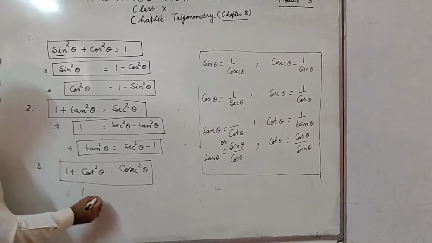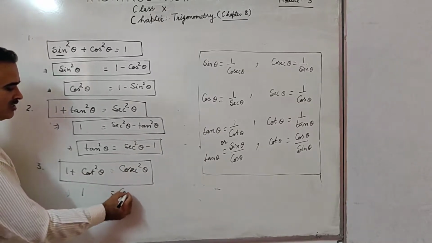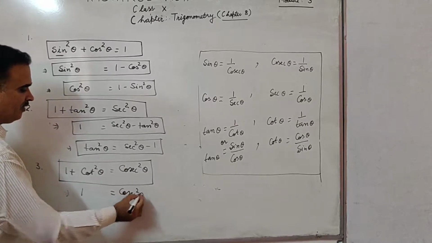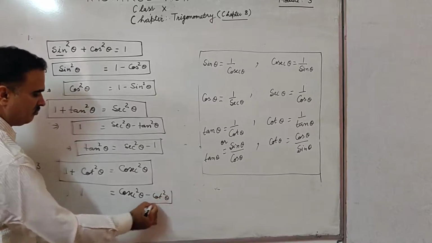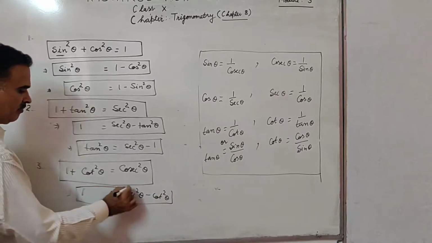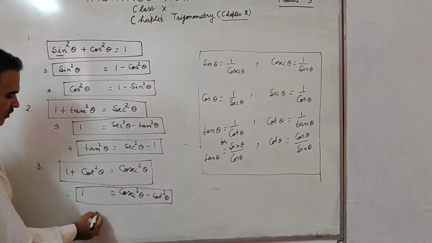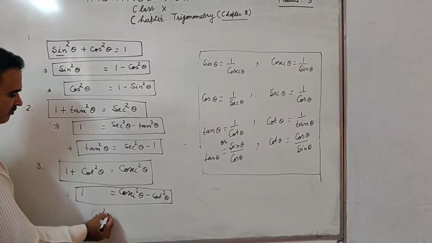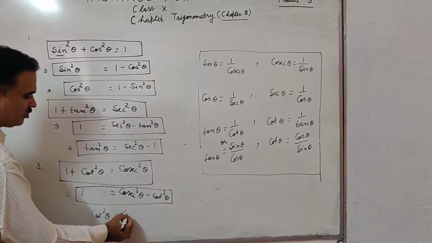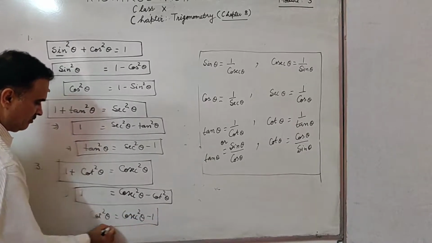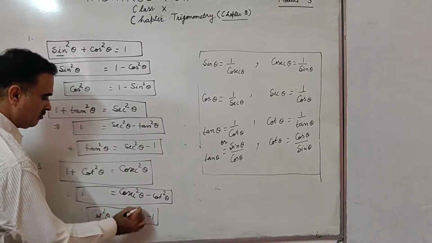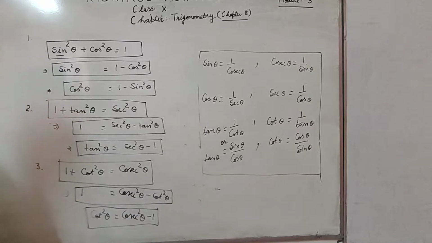This is 1, so what is the value of this? This is cosec square theta minus cot square theta. And if you want to find cot square theta, then it is cosec square theta minus 1.